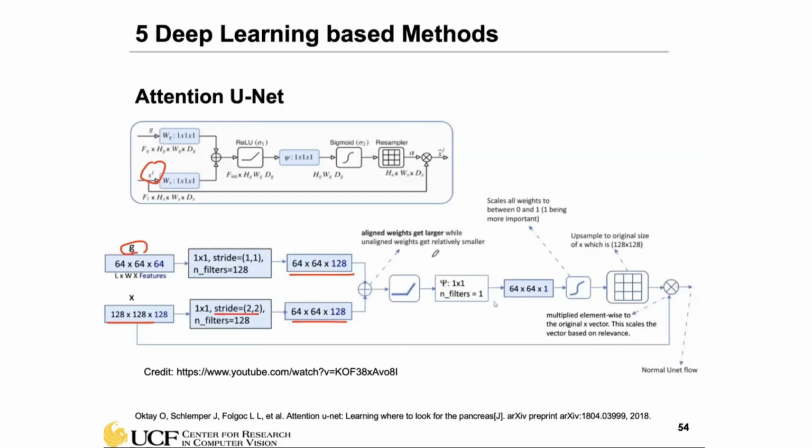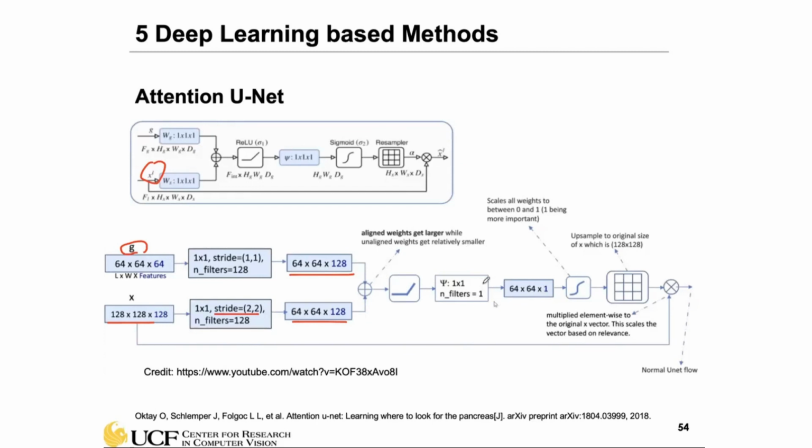Now we can go through an activation function, maybe a sigmoid, or maybe tanh or some other activation functions. Sigmoid here basically scales them into a value between 0 and 1, so this can be considered as attention weights.